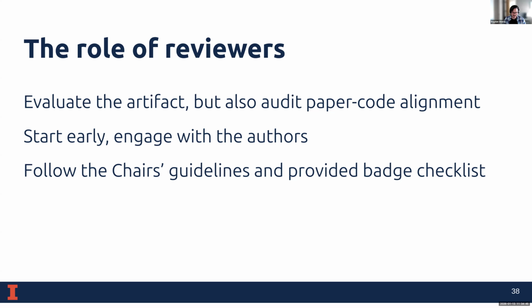In that sense, the role of the chairs is to enable and make sure this back and forth process goes smoothly, but also reviewers have concrete steps that they follow to award the badge. So it's not just a feeling or vibes; it's actually a checklist. And I'm sure for those of you who've been part of an artifact evaluation committee, you know what I'm talking about. I'm happy to get back to this point in the Q&A.